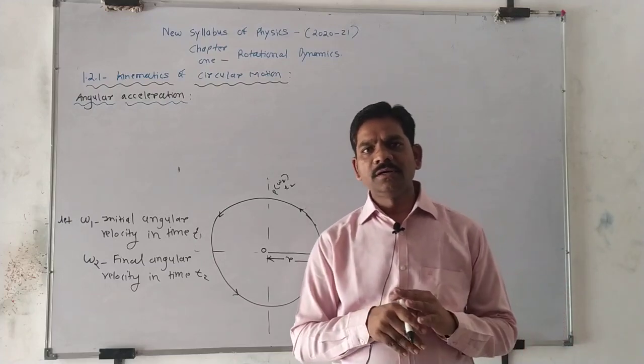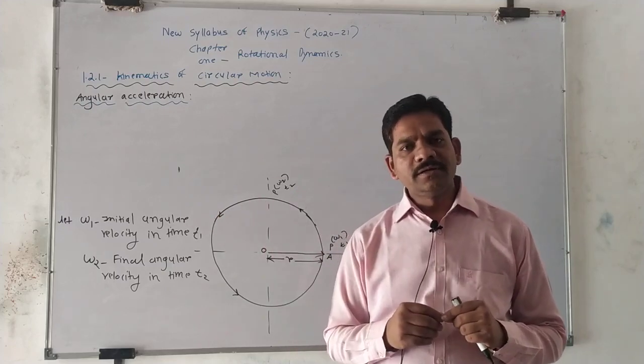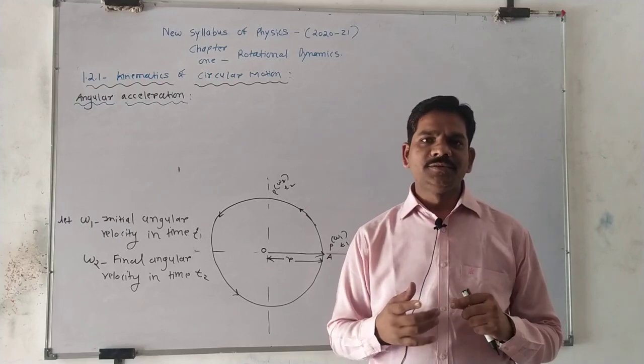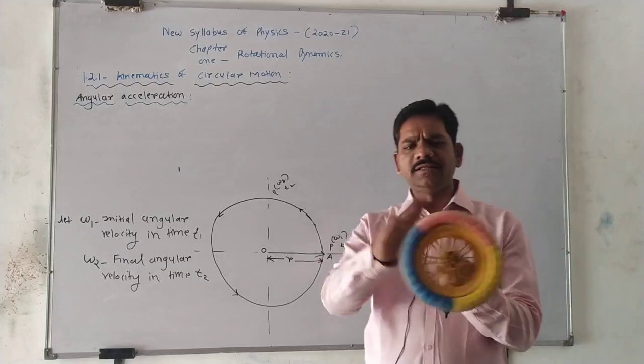If you consider the example of four-wheeler or two-wheeler tires, the wheels rotate like that.